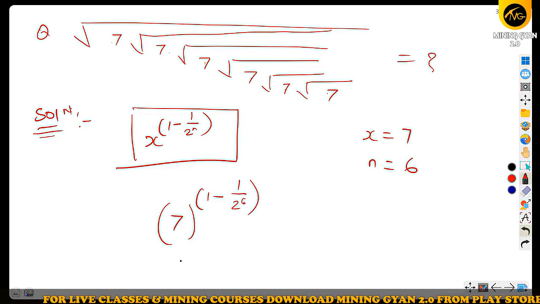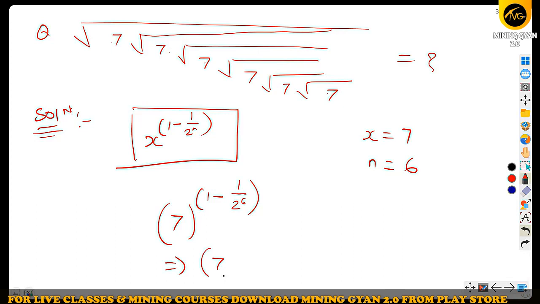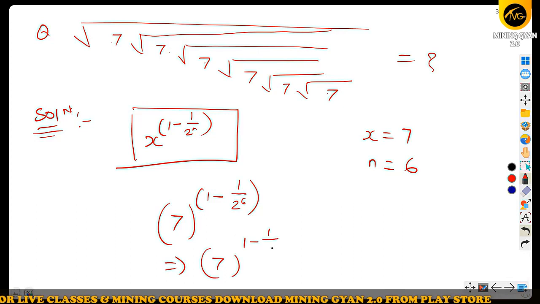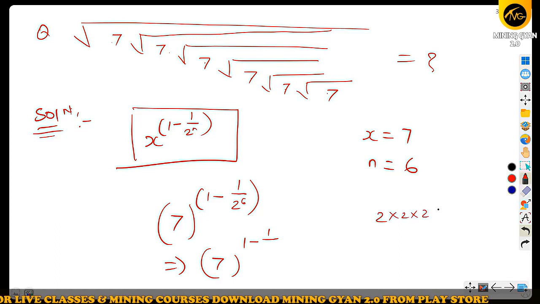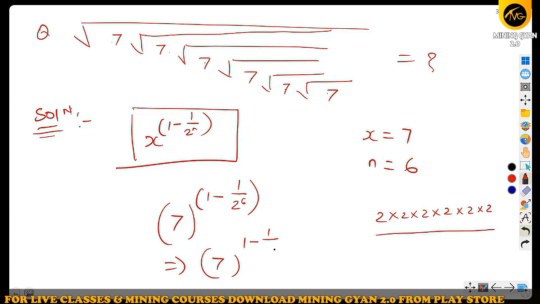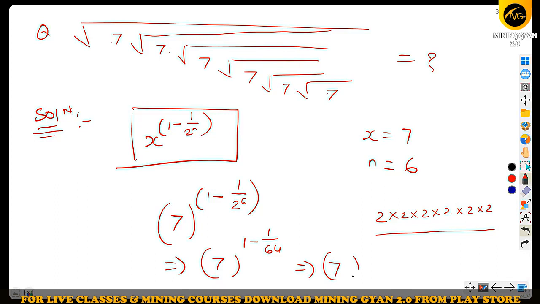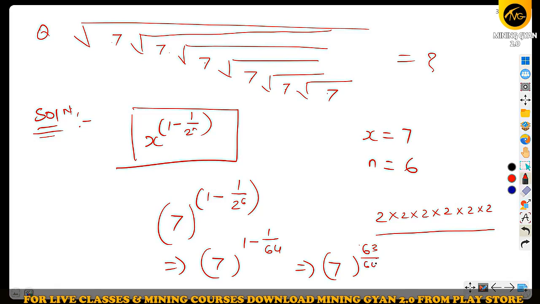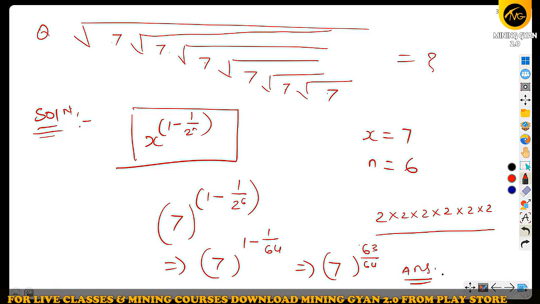That means 7 whole power 1 minus 1 divided by 2 into 2 into 2 into 2 into 2 into 2, 6 times. That means 64. Now, 7 power 1 minus 1 divided by 64, minus 1, that means 63 divided by 64 is the answer. Correct?